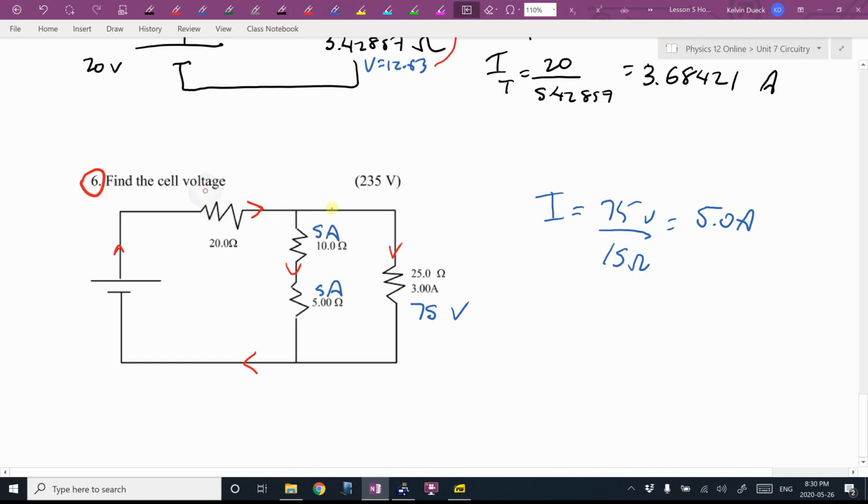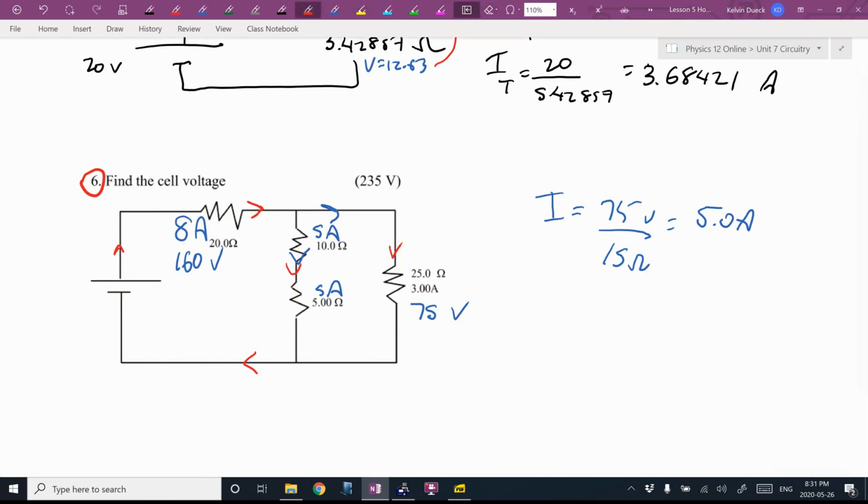Ooh, I have 3 amps going this way, 5 amps going this way. This must be 8 amps. And now I can tell you the voltage. This must be 160 volts. And now if I ski 160, and I could, you know what? I'm not going to go down that one because I didn't fill all of them in. 160, 75, that got me to the bottom.